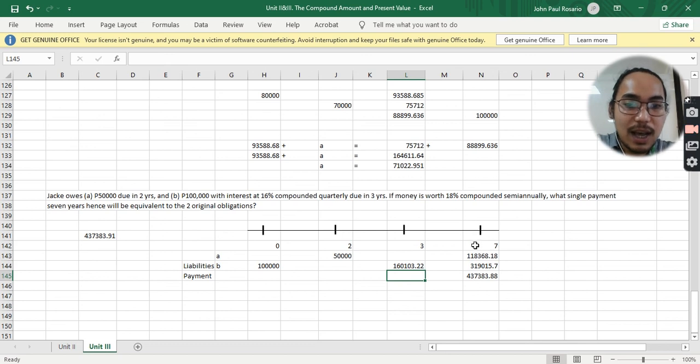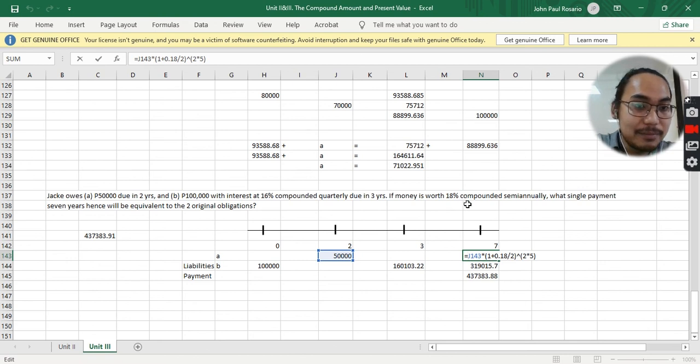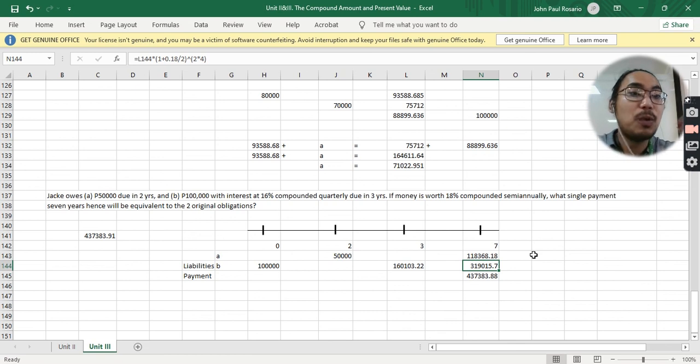So that's 50,000. We multiply that by 1 plus 0.18 over 2. Sa amin annual naman siya. We raise that to 2 times 5. Okay? We have to go forward 5 years multiplied by the semi-annual compounding period. So that should give us an equivalent value of 118,000.